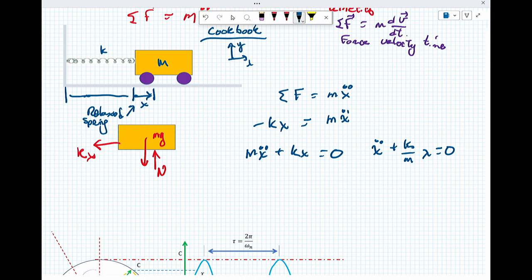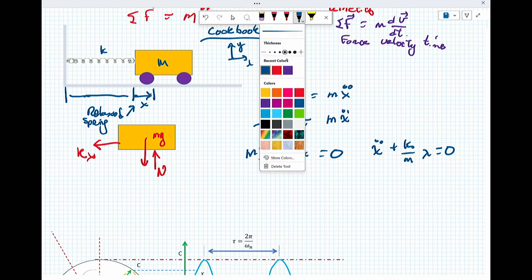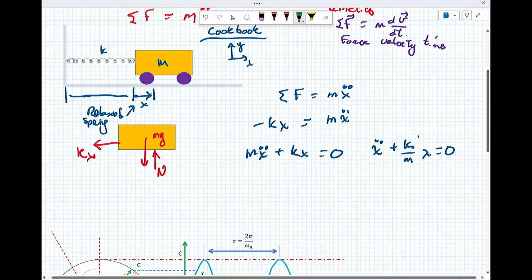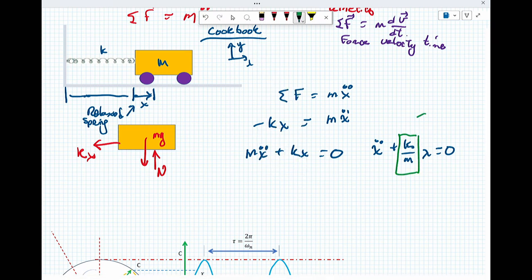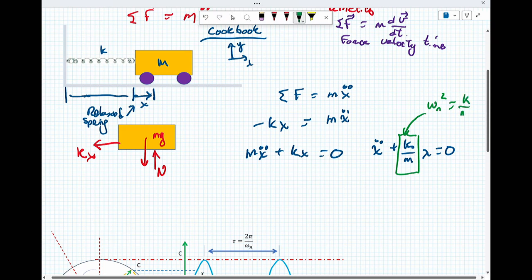And I end up with this term right here. I'm going to define omega n squared as k over m.